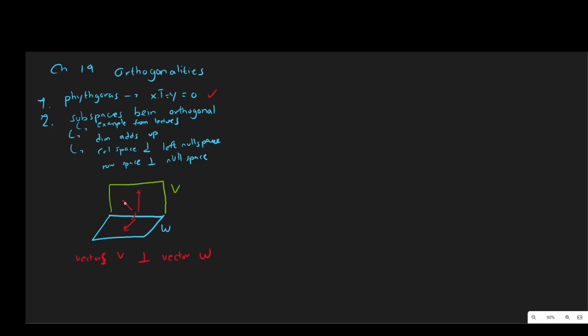Clearly this one is not orthogonal to this one. Even more, there are vectors that exist in both subspaces, right here, and clearly these vectors are not orthogonal to themselves, because you cannot be orthogonal to yourself.